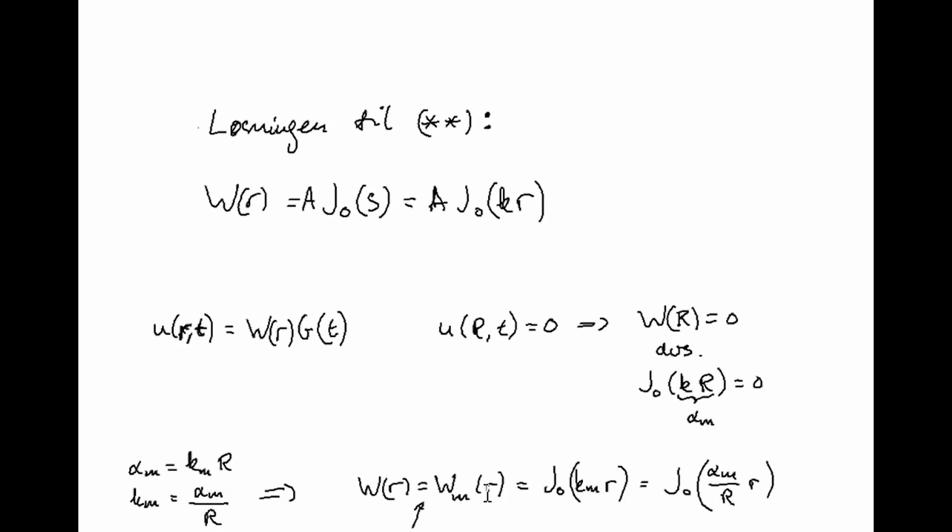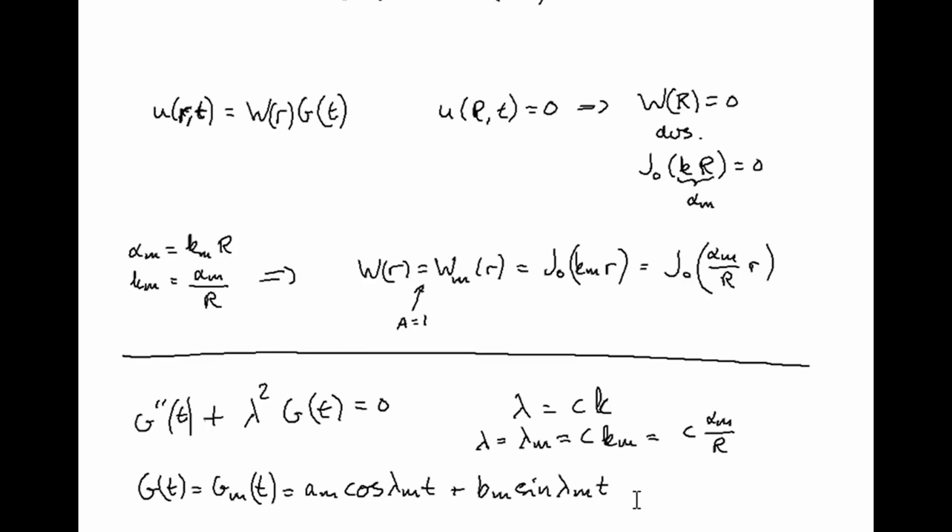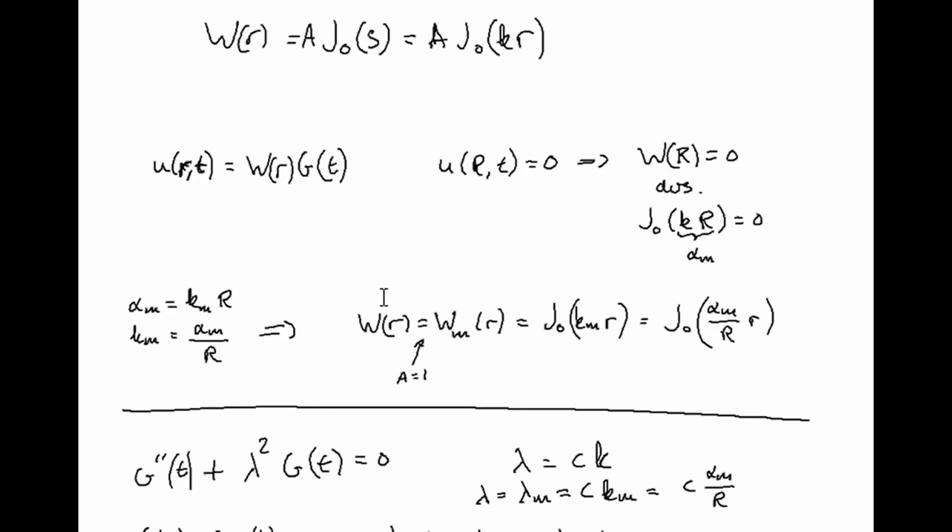It's dependent, of course, on the value m, or the mth 0, in the following way, which, as we have shown earlier, is equal to J0 of km r. And inserting the value of km, which you have here, we get this. So now we have the solution of this ordinary differential equation involving the W function.